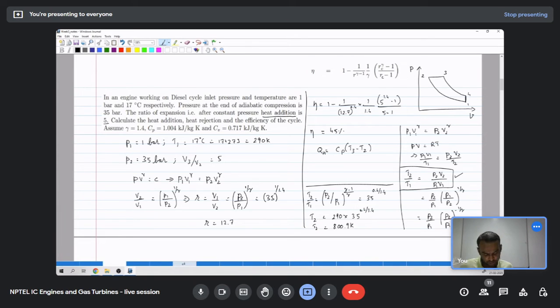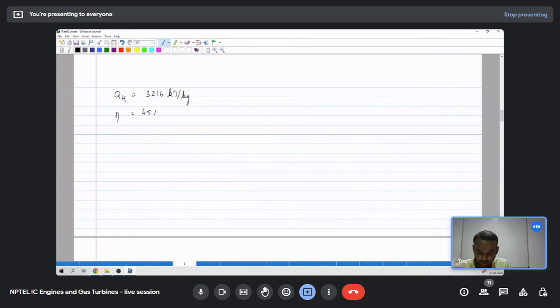I think we have calculated the efficiency, so that is 45%. Now efficiency, we know that it is useful work done divided by heat input, and work done is also QH minus QR. Now this is 0.45 and QH is 3216 minus QR divided by 3216. With this we can calculate QR.